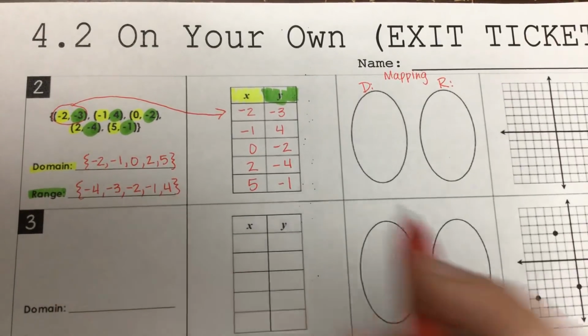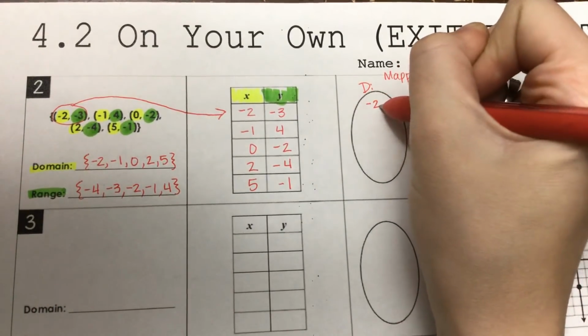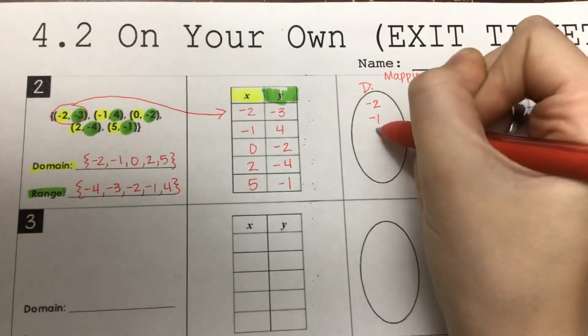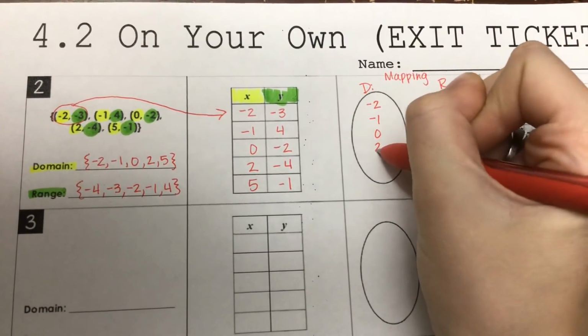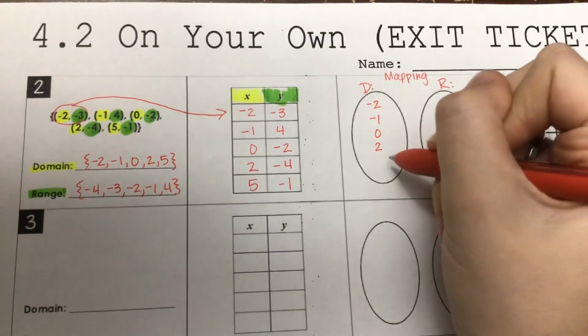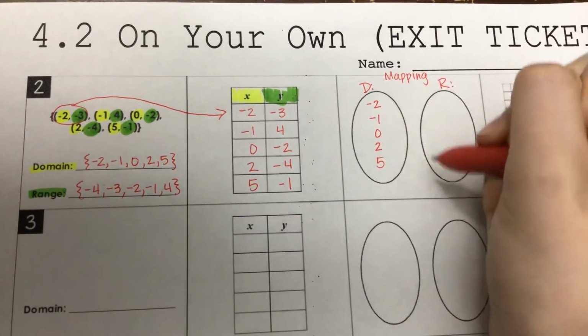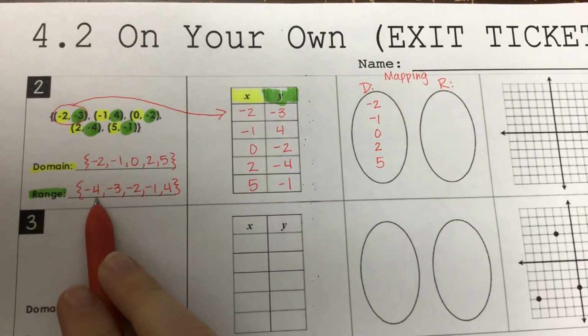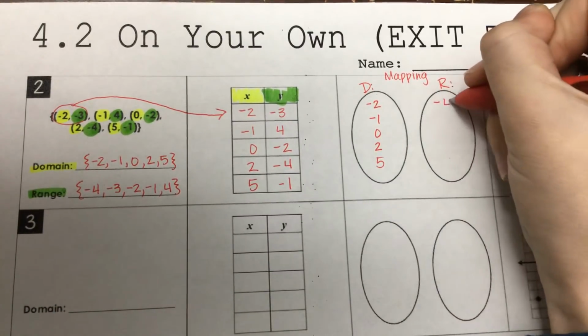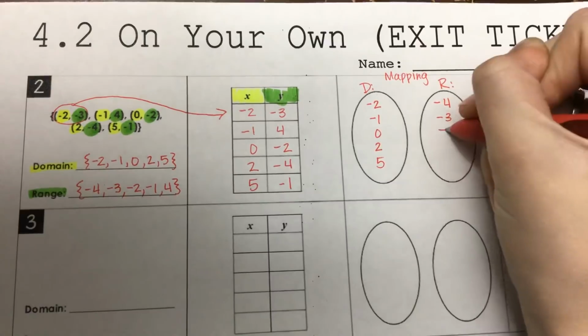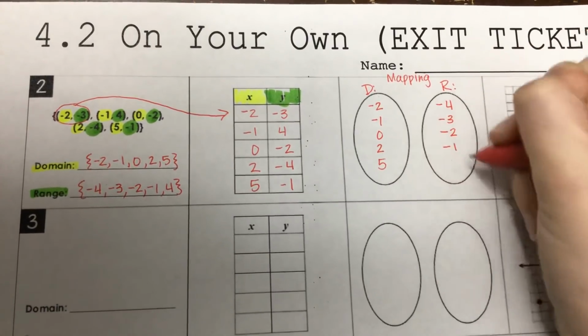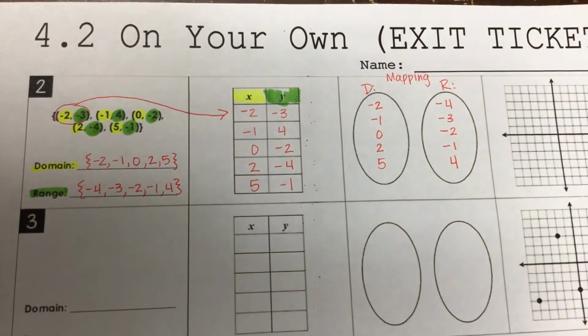So I'm going to list my domain first, starting with -2 and -1. And it helps to write them going vertically up and down, because then when we are matching and drawing lines, it becomes a little bit easier. Then my range, we're going to have -4, -3, -2, -1, and 4.